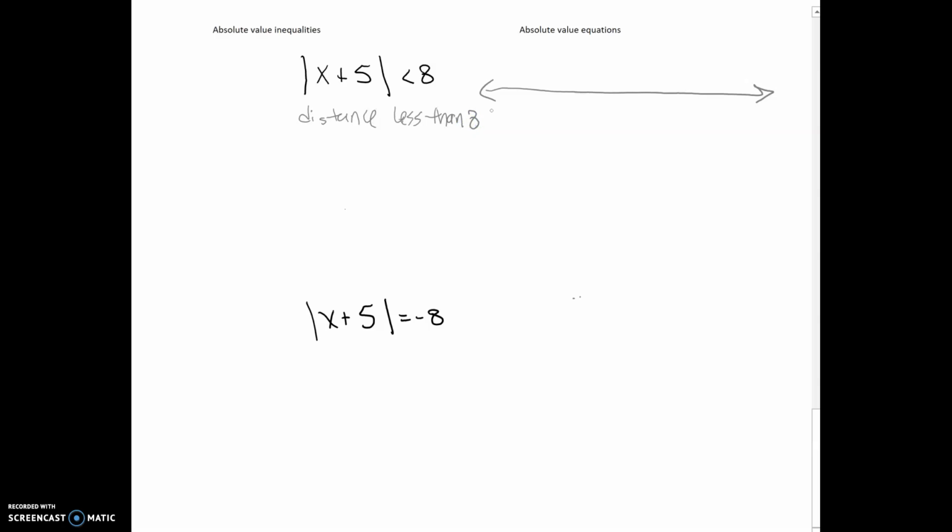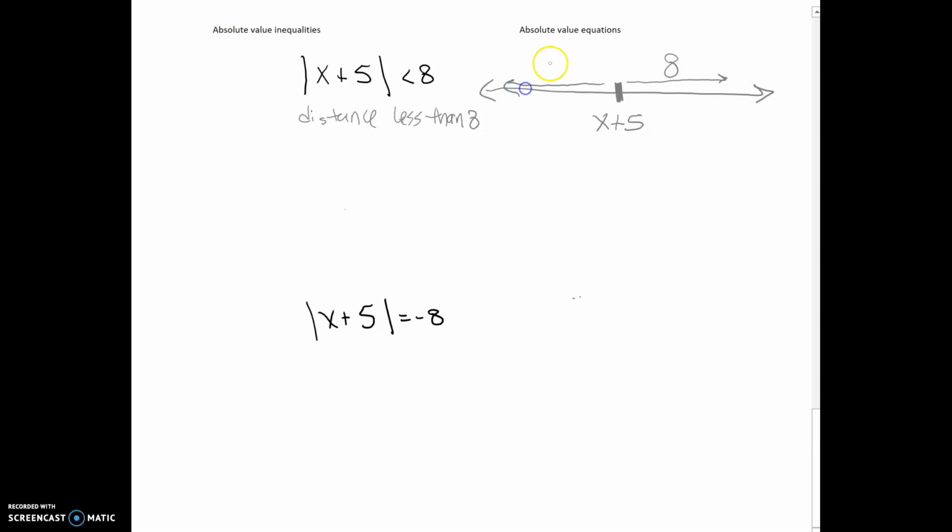If you think about that on the number line, we're going to start here in the center. And what I'm going to put at this center is x plus 5. And our distance needs to be less than 8, which means we can go out to the right, but we can only be less than 8 away.